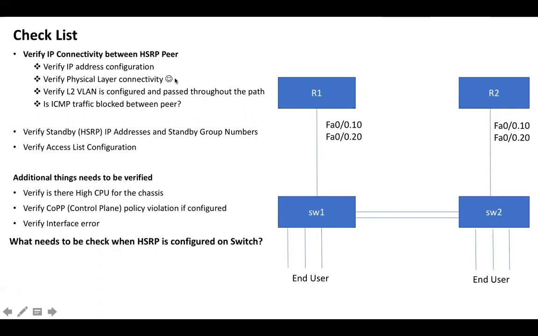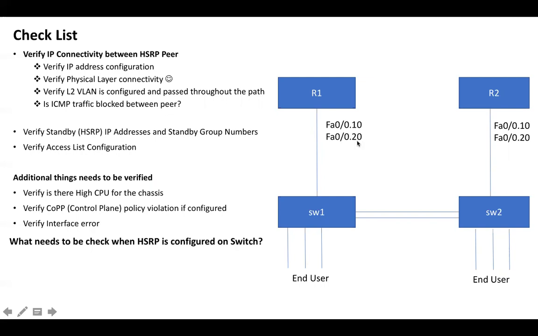So first thing is we have to verify IP connectivity between R1 and R2 using the ping command. When I say R1, R2, I am talking about the problematic subinterface Fa0/0.20.